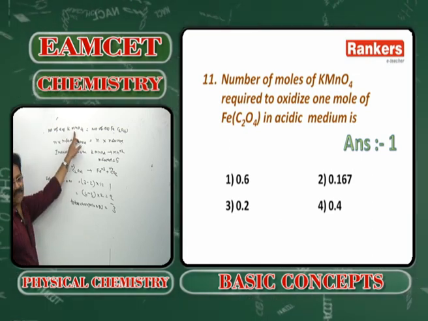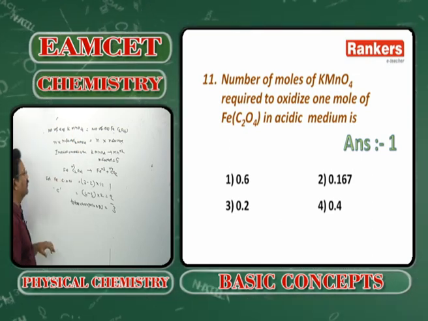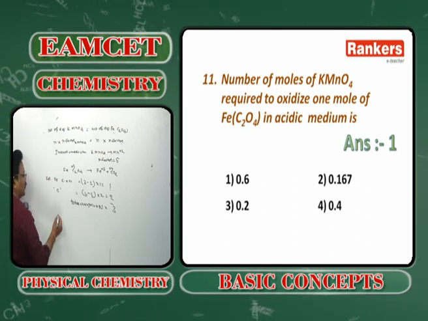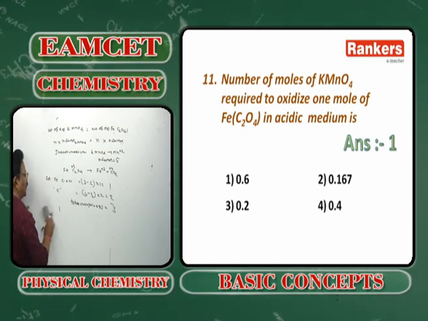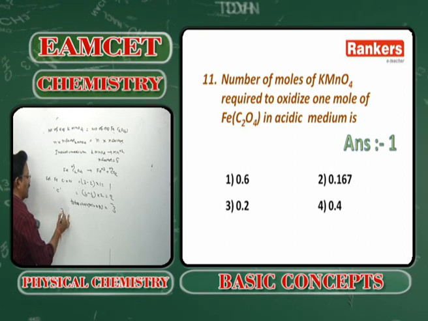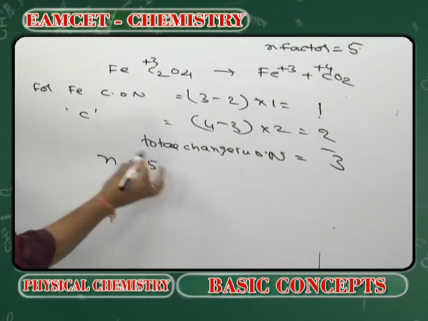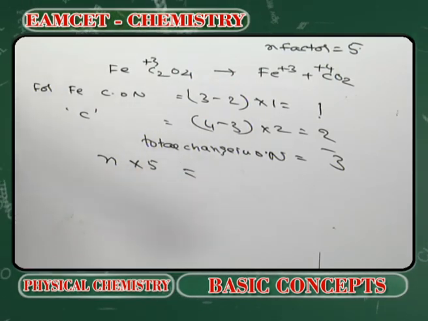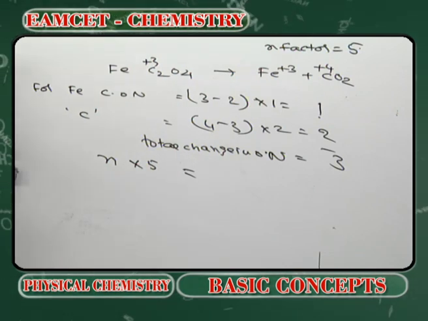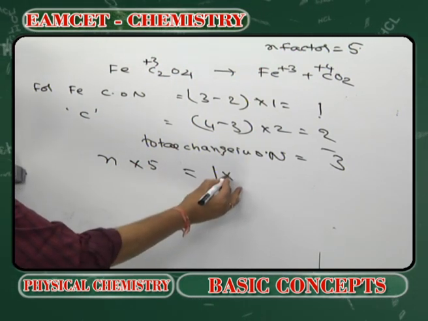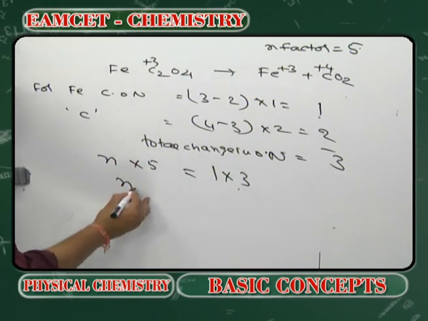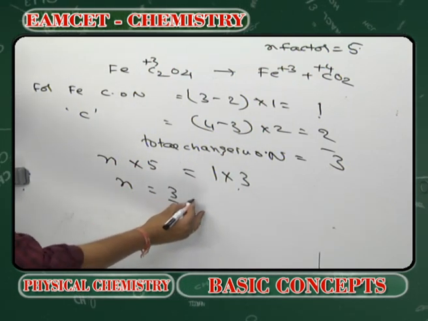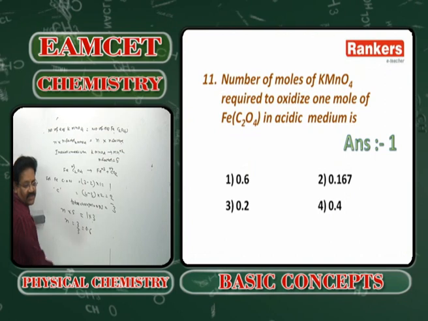The n factor for KMnO4 is 5. Now just substitute. What is the number of moles of KMnO4? It is n into 5. What is the number of moles of ferrous oxalate used? 1 into 3. So n is equal to 3 by 5, which must be equal to 0.6.